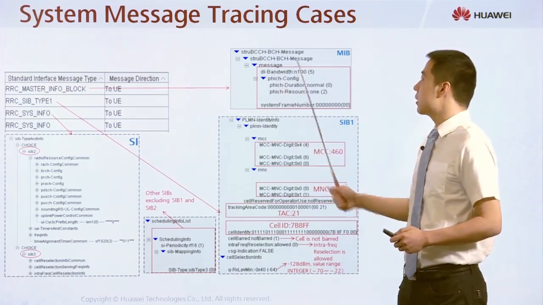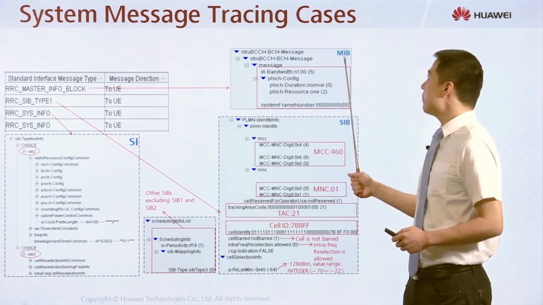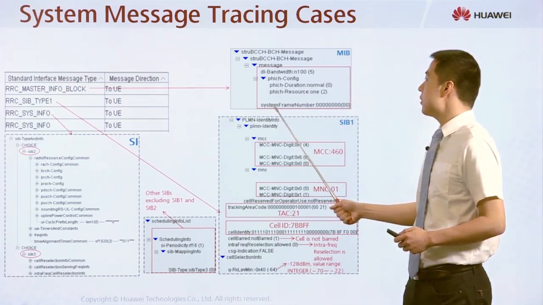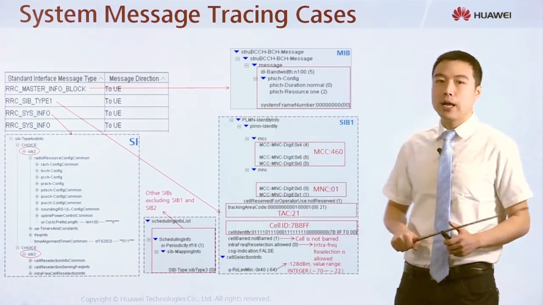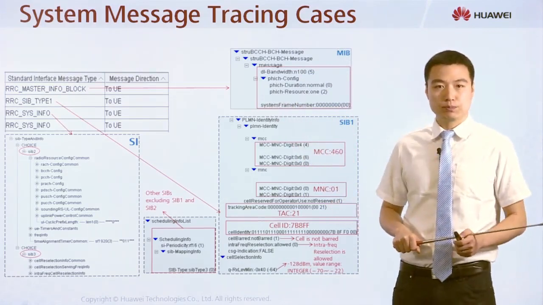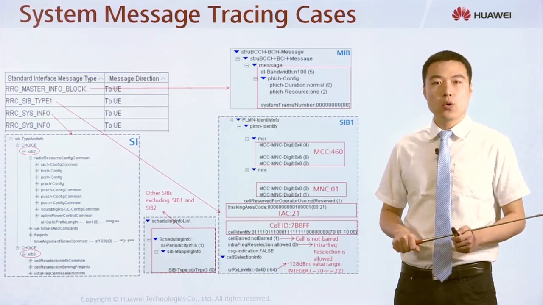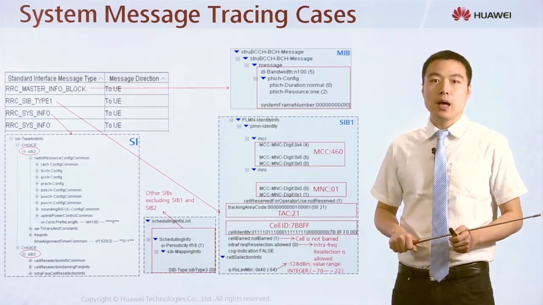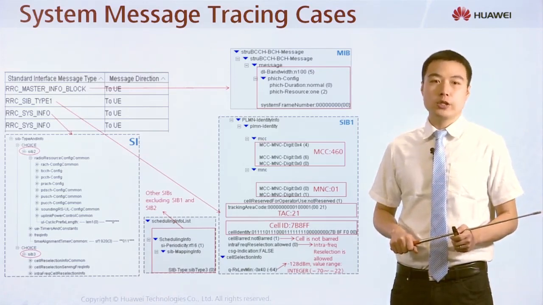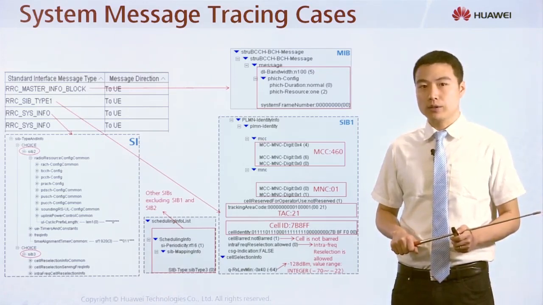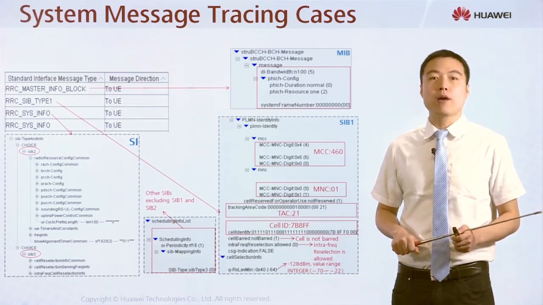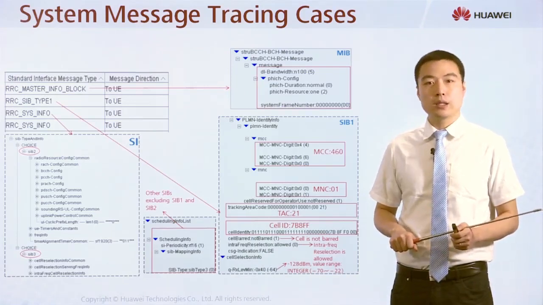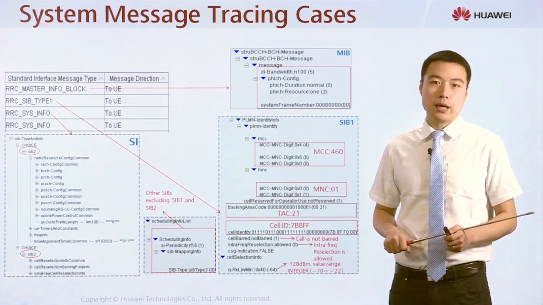Besides the downlink bandwidth, the MIB message also tells this information to the UE: system frame number. We know that we have many frames. One frame equals 10 milliseconds. And for each frame, we have a number. Just like for each day, we have 24 hours, and for each hour, we also have a number, for example, 8 o'clock, 9 o'clock, 10 o'clock.